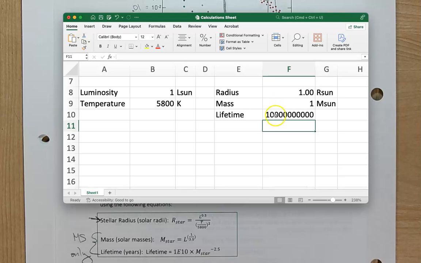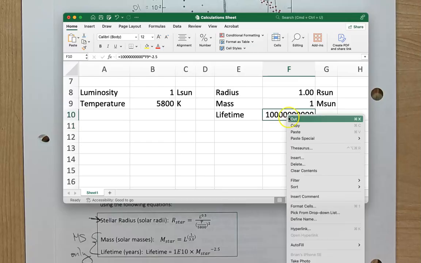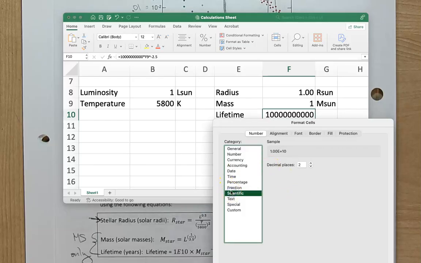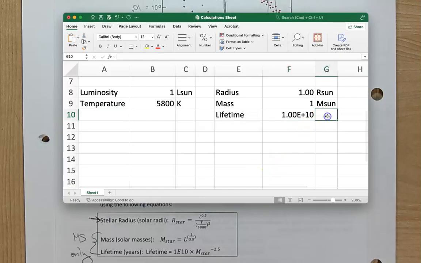Ooh, yeah, well, stars live a long time. That's going to be a lot of zeros, and I don't want that. I want that in scientific notation. So right click, go to Format Cells, give me that in scientific notation. Okay, so that star is going to live, I mean, we've already seen this is a star like the sun, same mass as the sun, so it's going to live the same lifetime as the sun, 1 times 10 to the 10 years.